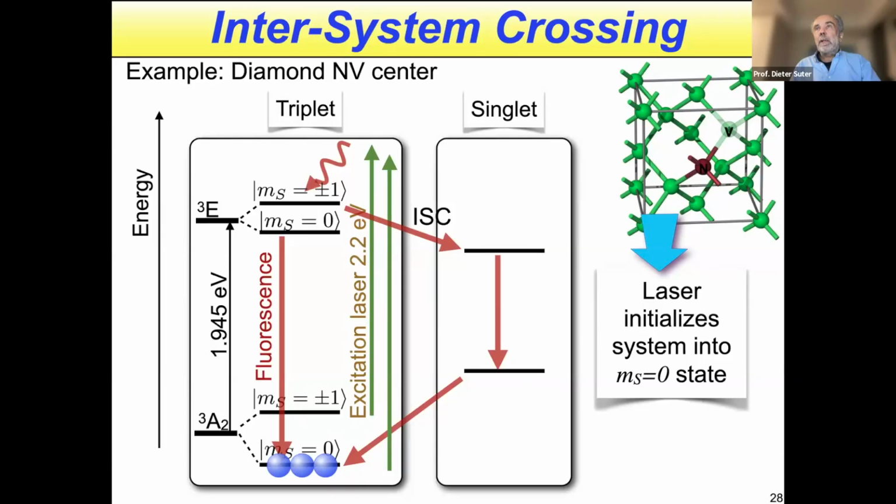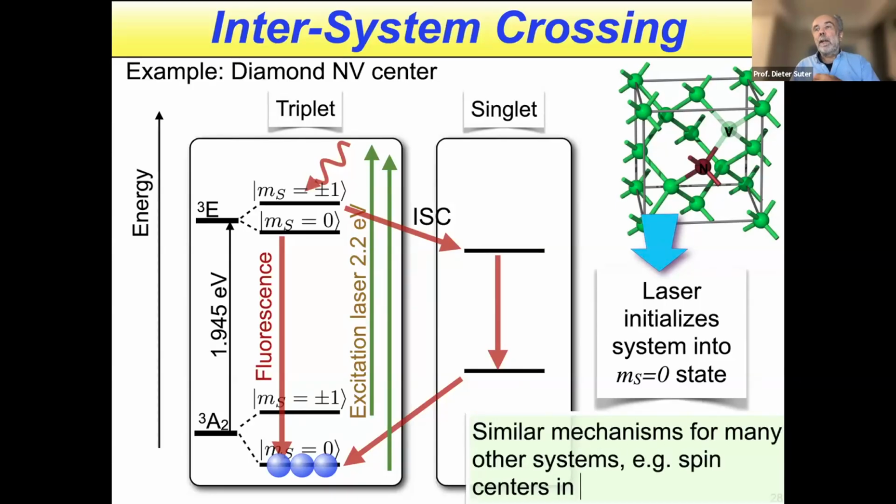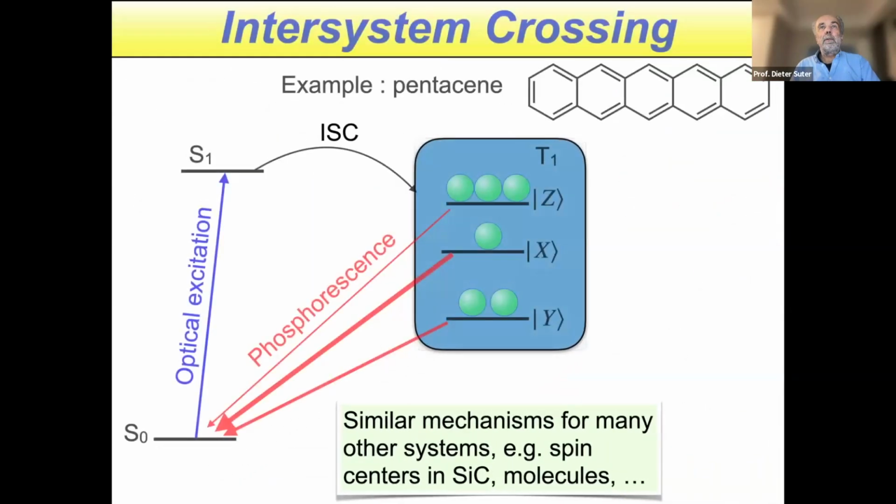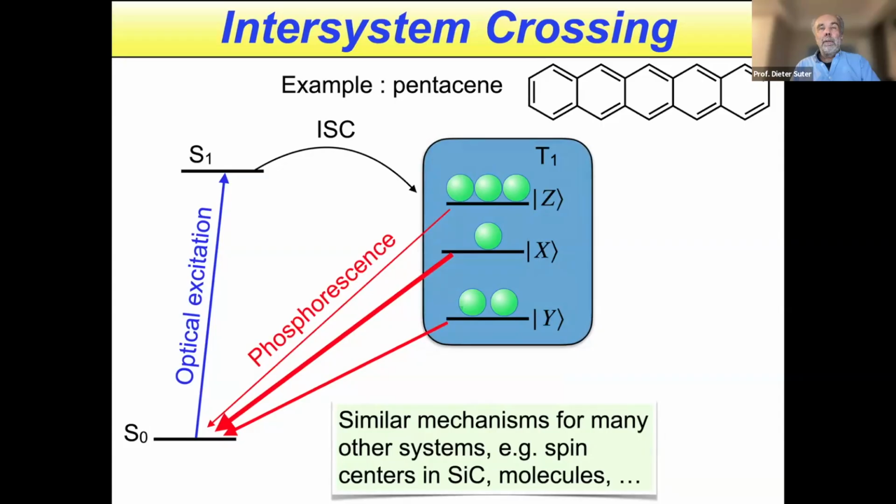So that's a useful process, and it's essential for doing magnetic resonance in NV centers, but also in many other ones, like in silicon carbide or in molecules. I would like to show one molecule which is similar but different also.